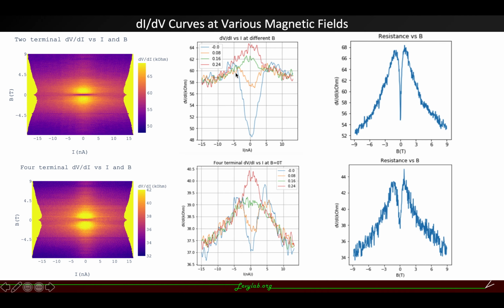You can see at large field, which is this red curve, the superconducting feature of this IV curve is suppressed, and in this differential resistance versus B, there's a dip when the field is 0, which indicates the superconducting behavior is suppressed at around 1 Tesla, and we attribute the decrease of resistance at larger field to the localization effect of our device.